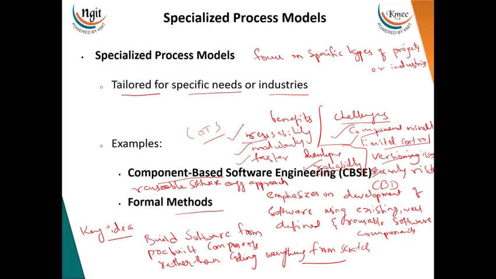And then versioning issues. What are versioning issues? Updating one component will sometimes break another component. Versions like 1.1, 1.2, we have software versions, right? Those things I'm talking about. Next is security risk, because we are going to use some third-party components.